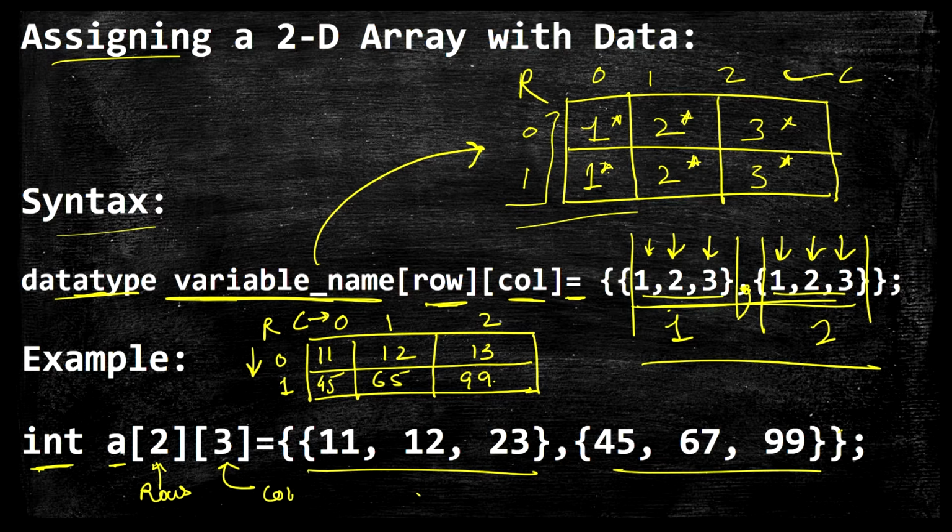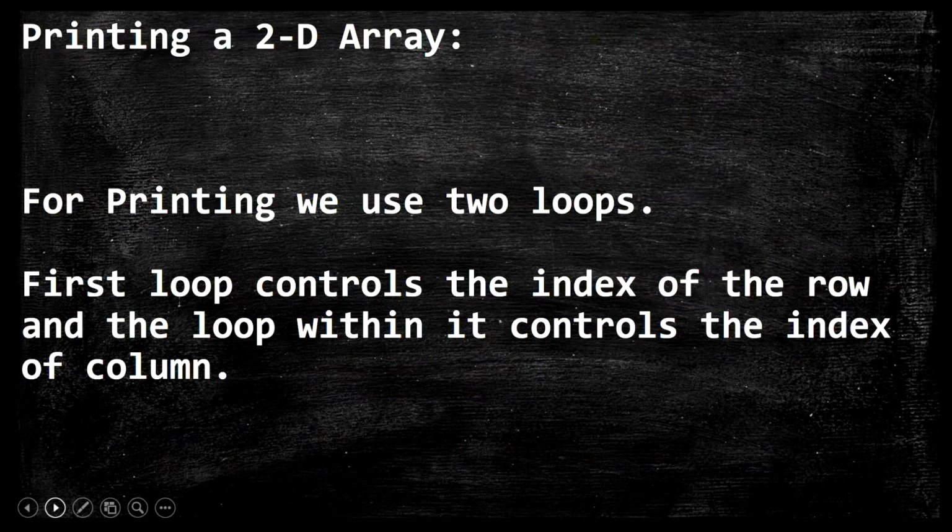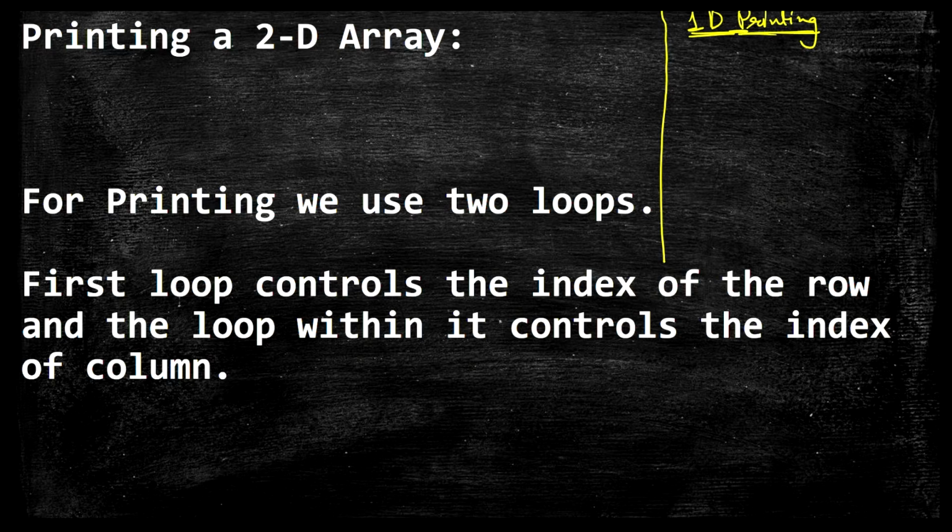Clear? So now we will learn how to print a 2D array. If you remember what we did in the 1D array, let's have a quick recap. Let's write here, 1D printing. How did we print the 1D array?